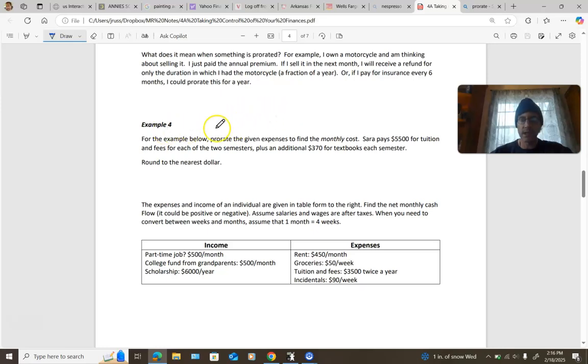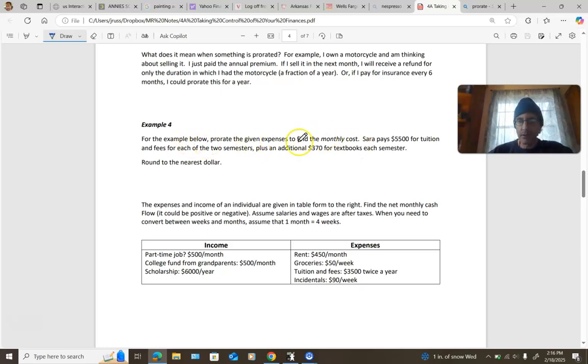It says, for this example, we want to prorate the given expenses to find the monthly cost. Sarah pays $5,500 for tuition and fees for each of the 2 semesters, plus an additional $370 for textbooks each semester.